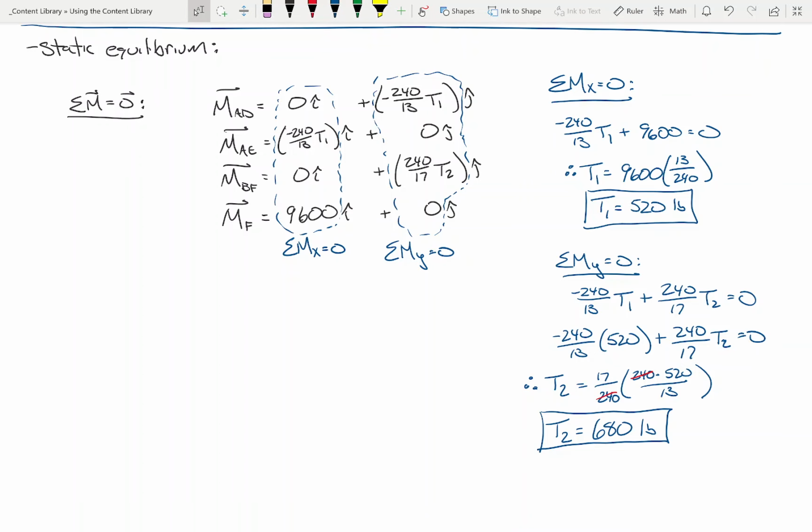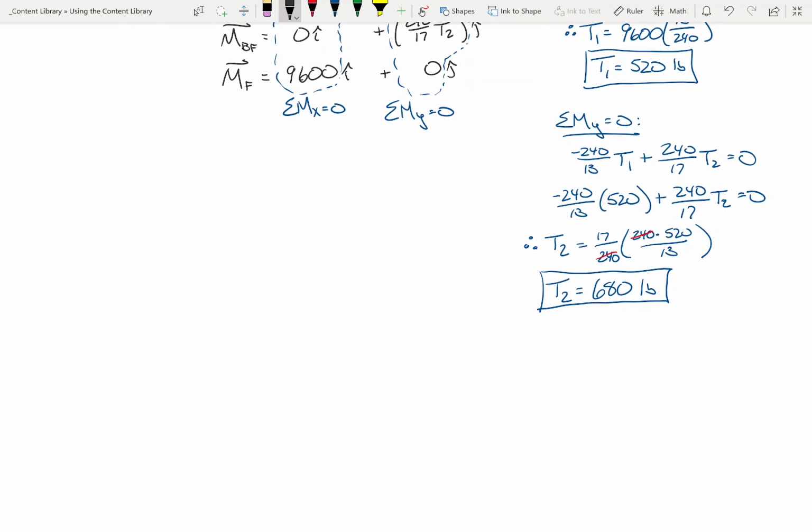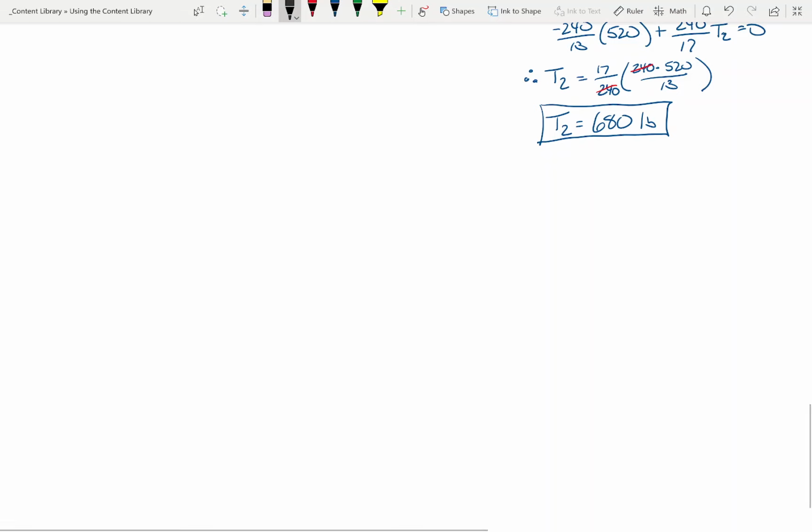Can I scroll up? So now if we sum all the force vectors, we just got to write some stuff out. So we have the C vector. We have the force vector from that 320 pounds.